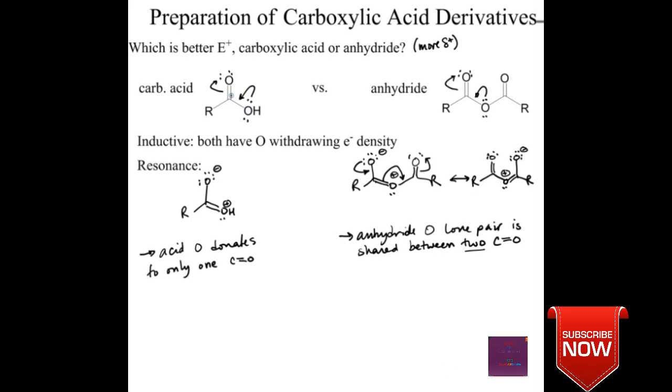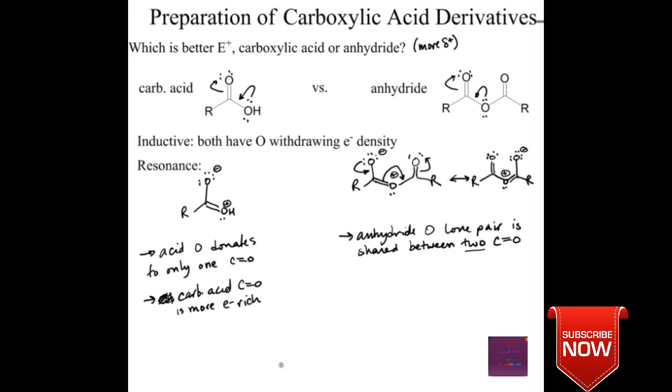Looks to me like this carboxylic acid carbonyl is going to be more electron rich because this has the full-time donation, where this carbonyl is not going to be as electron rich because sometimes some fraction of this lone pair is going to be shared with the carbonyl, but only half because the other half is going to be shared with the other carbonyl. So this does not have effectively as much electron donation. So the ester carbonyl, I'm sorry, we're looking at carboxylic acid here. The carboxylic acid carbonyl is more electron rich.